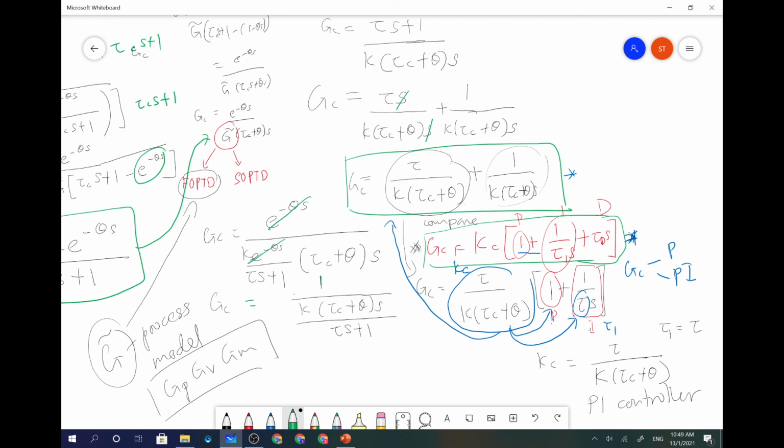Try to derive by yourself because I want you to derive for second order. When you derive for second order, did you manage to get a PID controller? This derivation, I don't remember whether it is first order or second order, will be one of your CA.